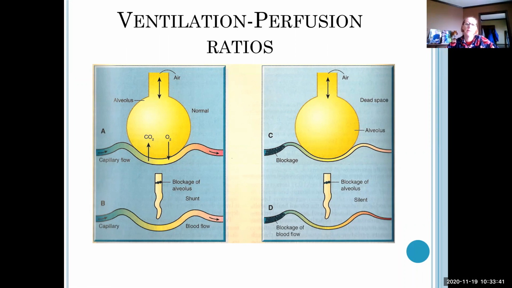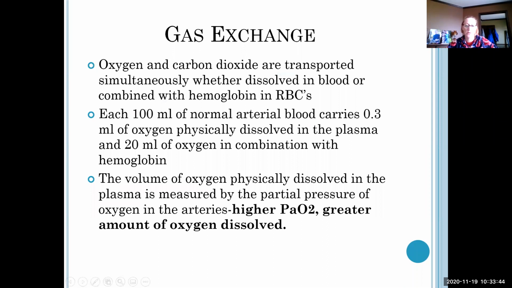So gas exchange, oxygen and carbon dioxide are transported simultaneously, whether dissolved in blood or combined with hemoglobin in the red blood cells. You don't need to know all these numbers with how much is dissolved. But the volume of oxygen physically dissolved in the plasma is measured by the partial pressure of oxygen in the arteries. So that's what our PaO2 is.